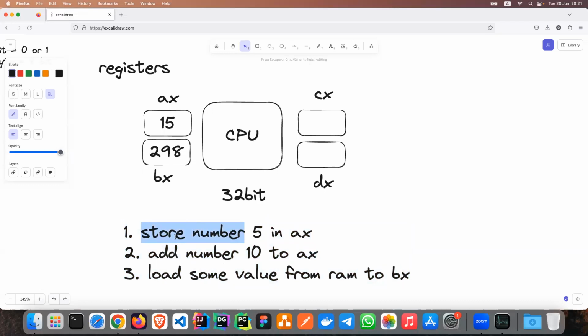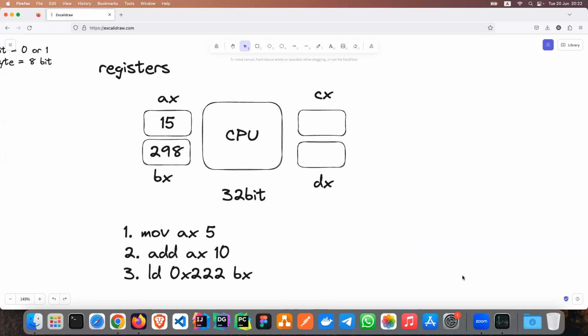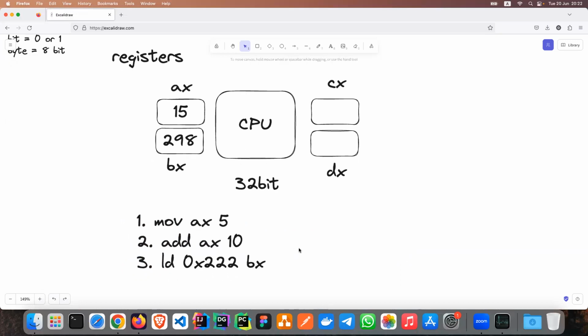For example, mov 5 to AX, add AX 10, then load BX. In real computer instructions, it might look something like this. Move means move, add means add, subtract means subtract. And by writing a program, we actually write these instructions.